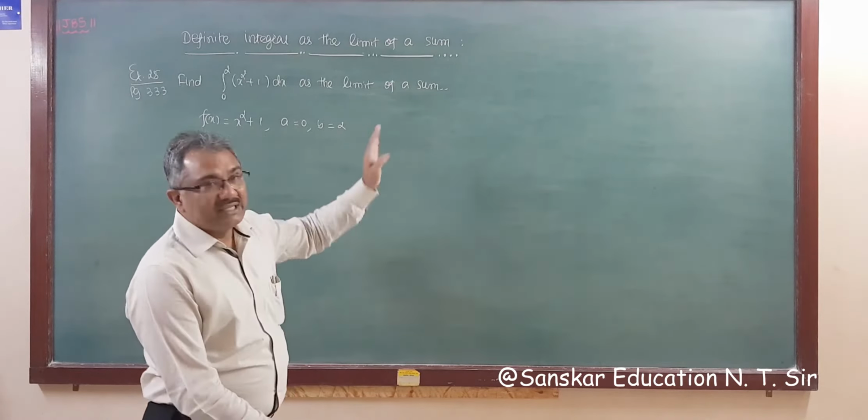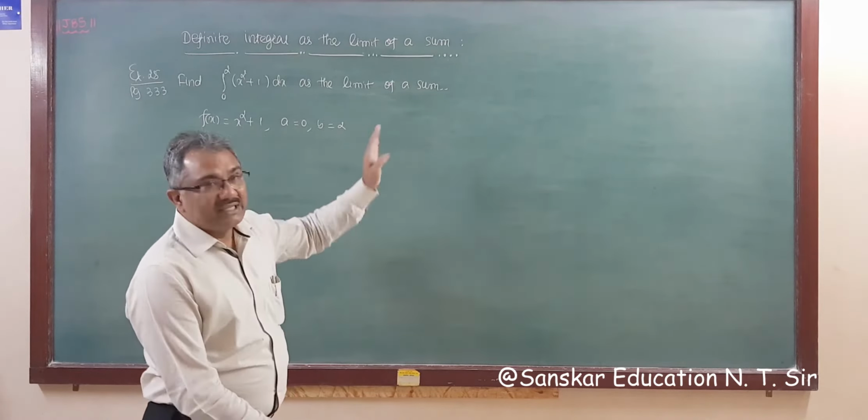Therefore dividing the closed interval 0 comma 2 into n equal subintervals of length h is equal to b minus a upon n.